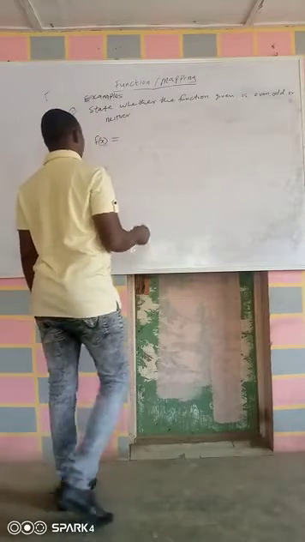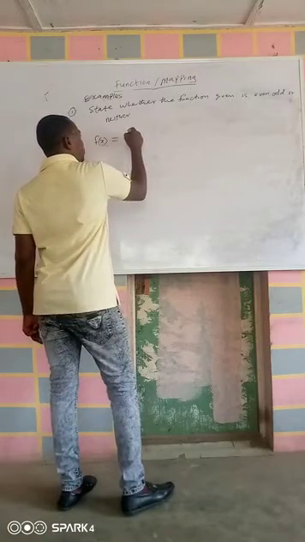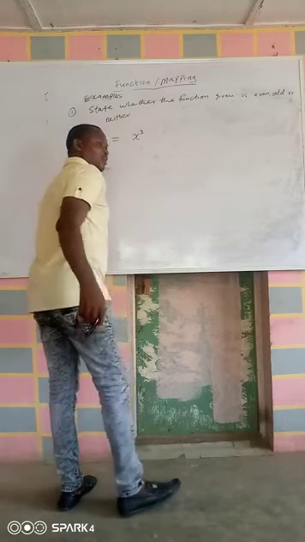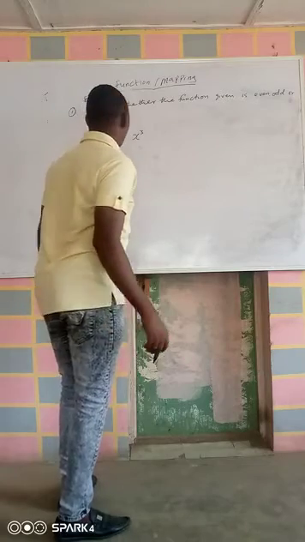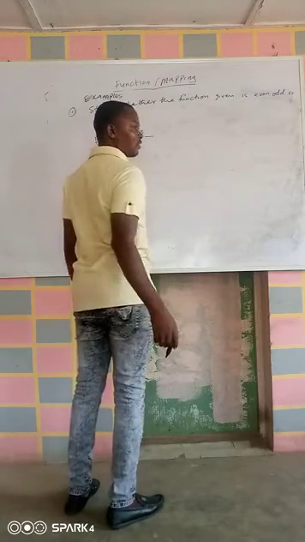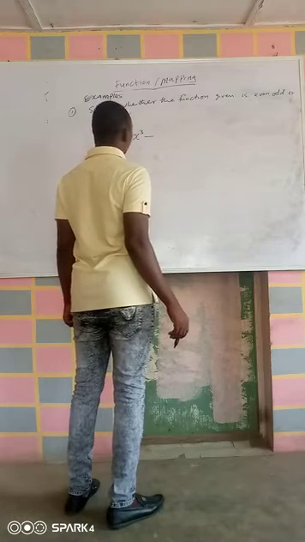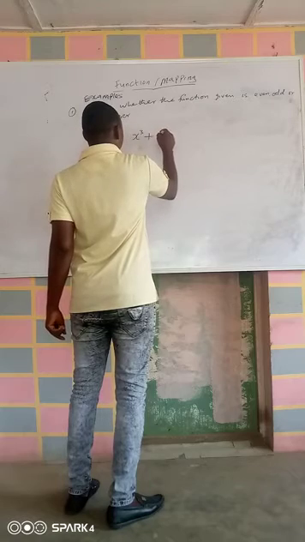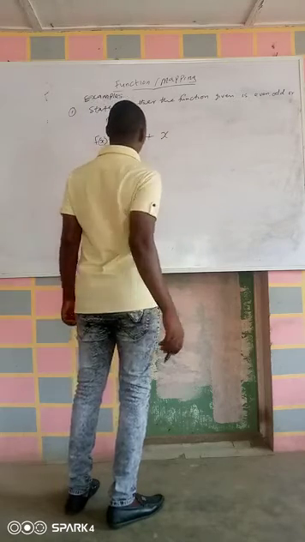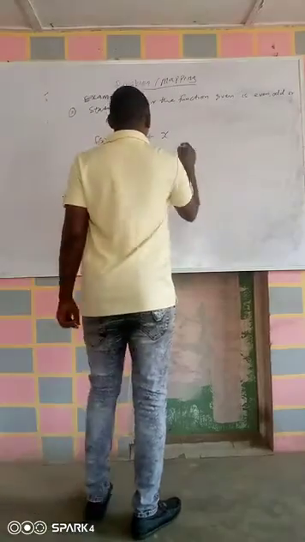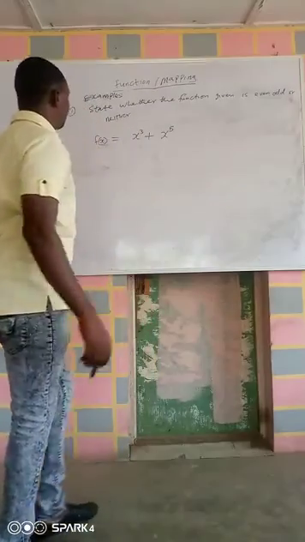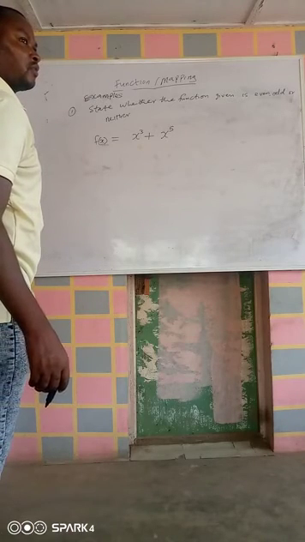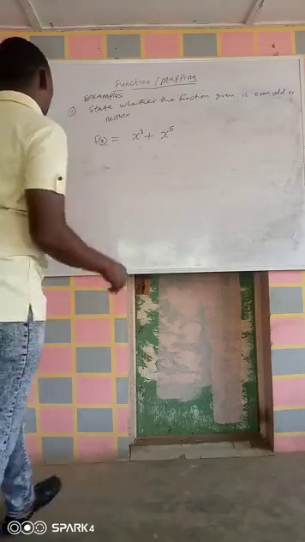Okay, f of s equals s cubed minus s cubed plus s cubed plus s raised to the power 5. Okay, so let us see the solution.